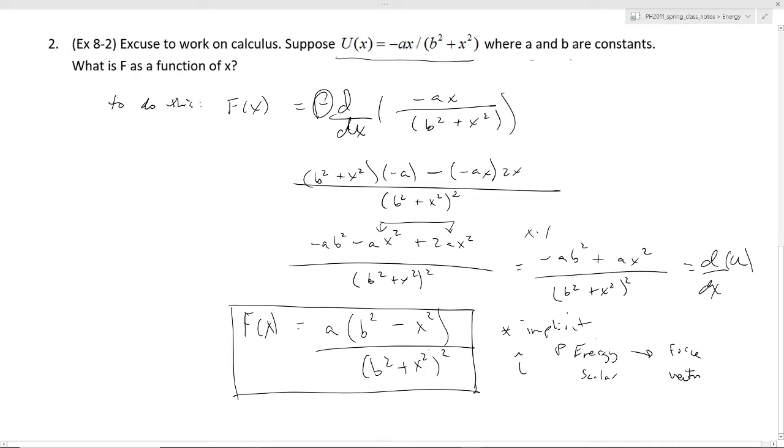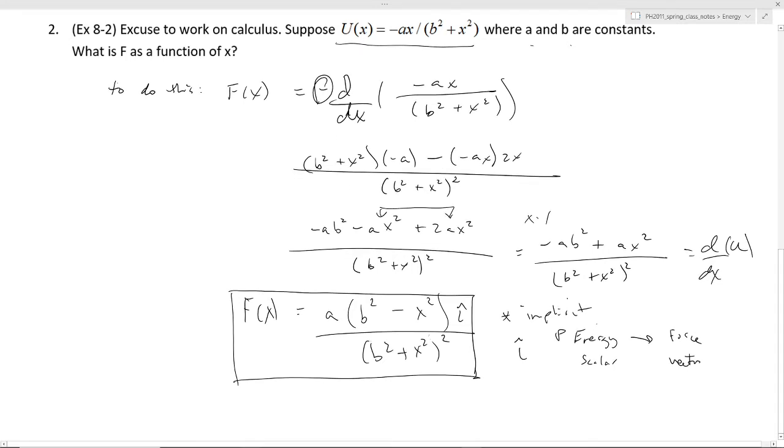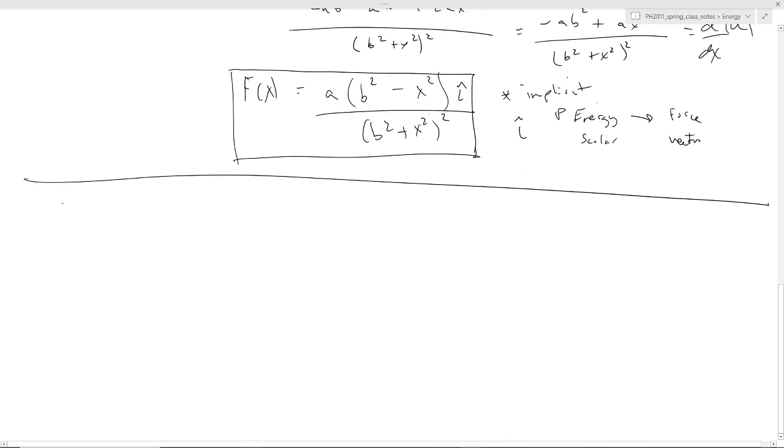Actually, we're being a little fast and loose with incorporating that. So this is an example of going from energy to force. Let's exercise also the other kind of calculus connection that we're concerned with, which was to go from a force to energy.